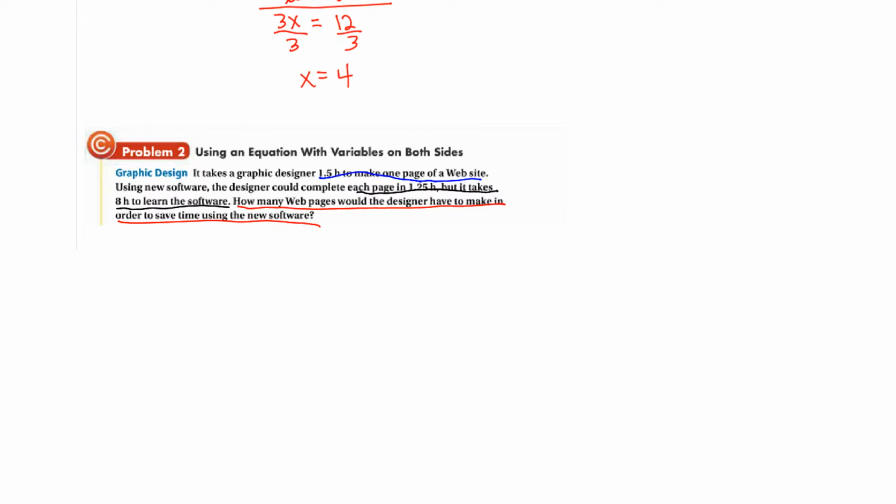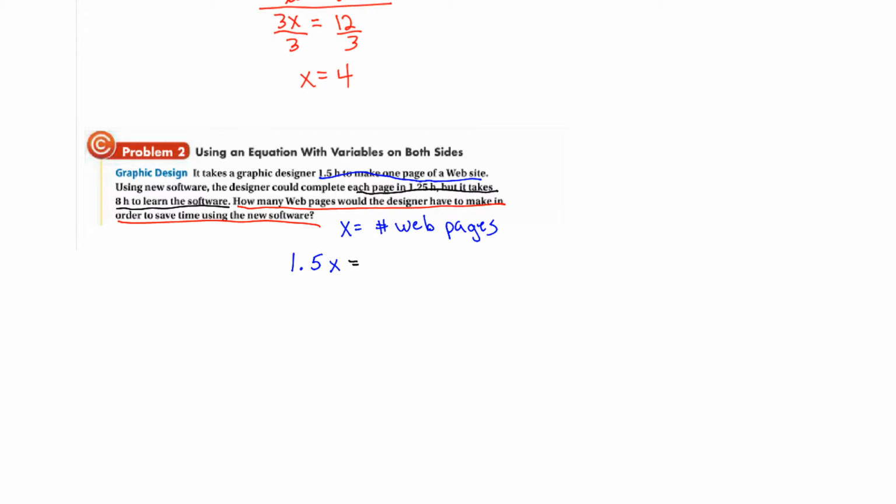So first I'm going to say let x equal the number of web pages that the designer would have to make in order to save time using the new software. So I'm going to look at using the old software. It takes 1.5 hours per page. So I would write that as 1.5 times x. 1.5 times each page that it's to make.